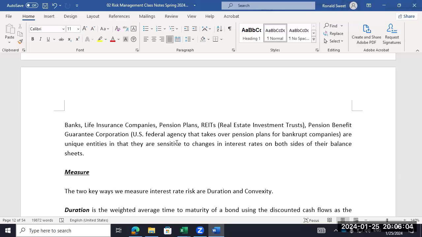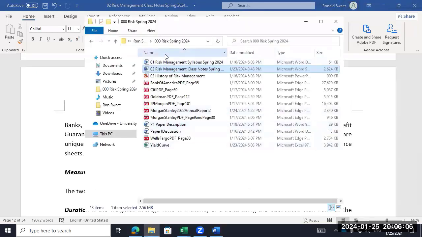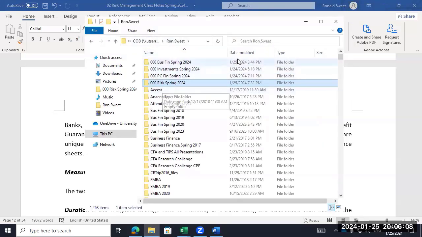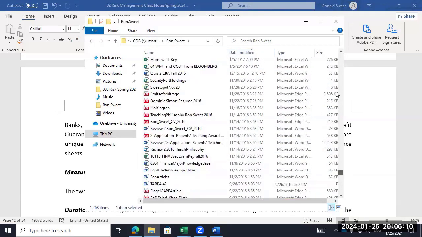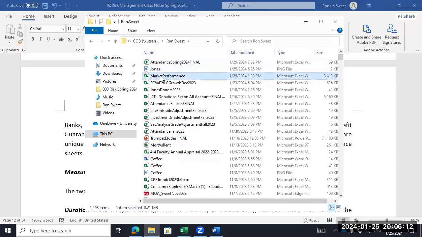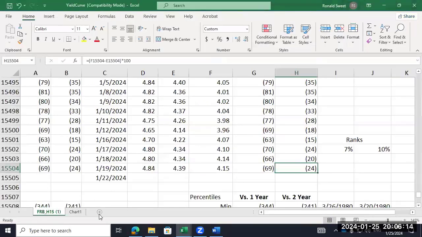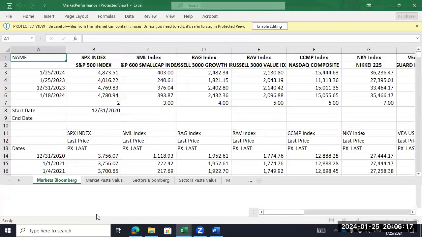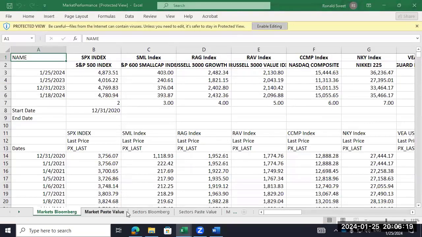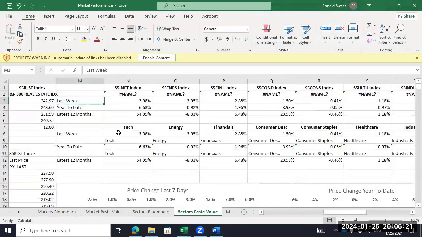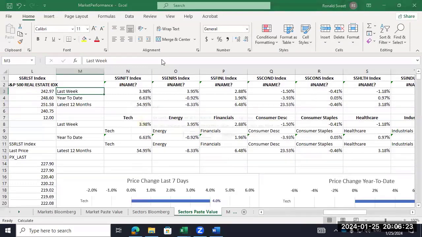So let's look. Interest rates are up this year. So I ran my dashboard.